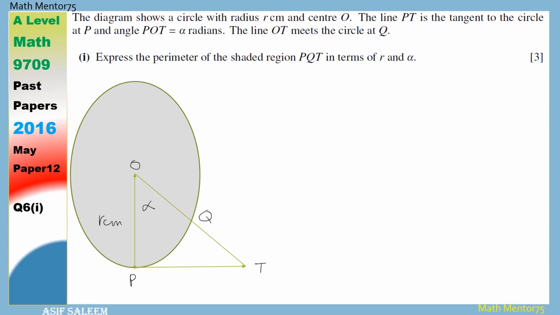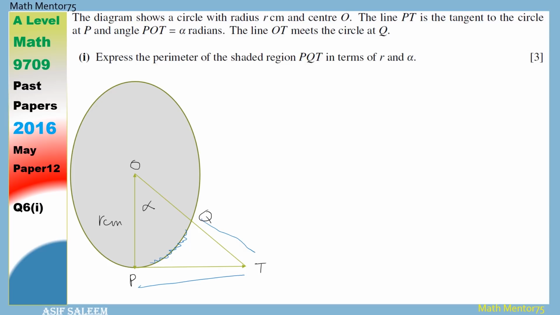Now first of all, let's see what is the perimeter made up of. It is this length PT, this arc PQ, and another length QT. So it means we have to find PT length, OT length, then we subtract R, we will get QT, and this arc length PQ. Very simple. So let's start with the length PT.